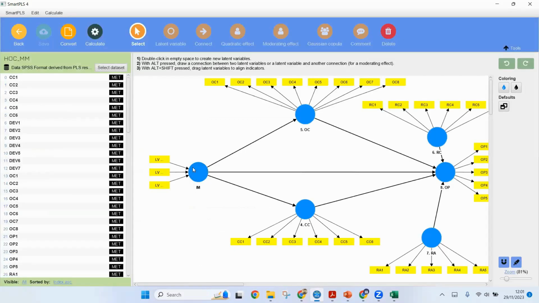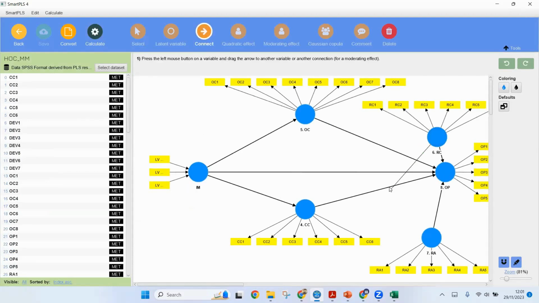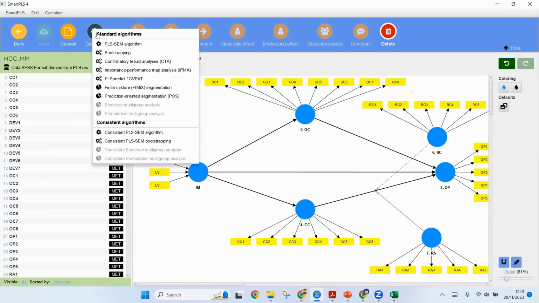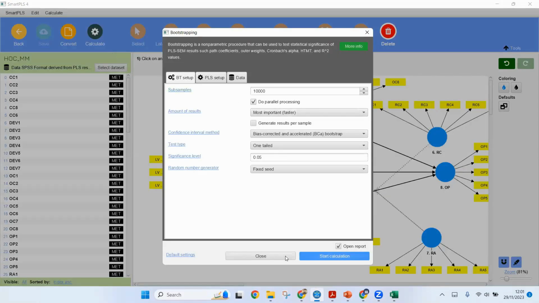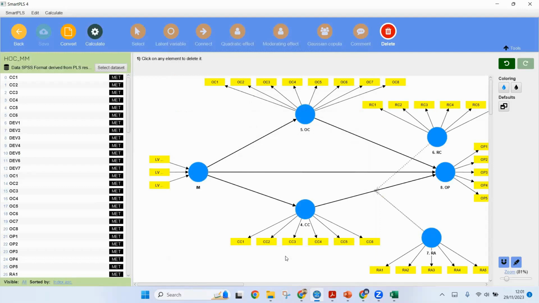So again, let's say it is a formative, and if I connect it here or don't connect it, it's the same thing. Let me connect it. And let me delete this. Now, to test your hypothesis after you have validated it, you don't have to do anything else but just do bootstrapping. Bootstrapping, interpret the results, and report it. That's about it.